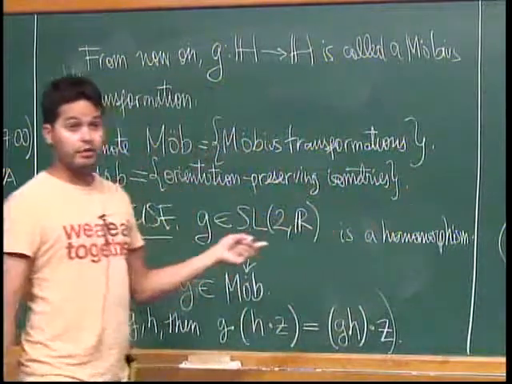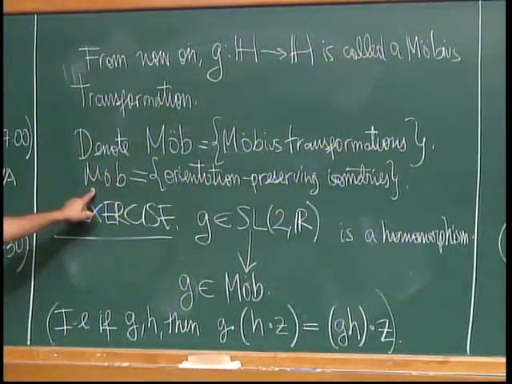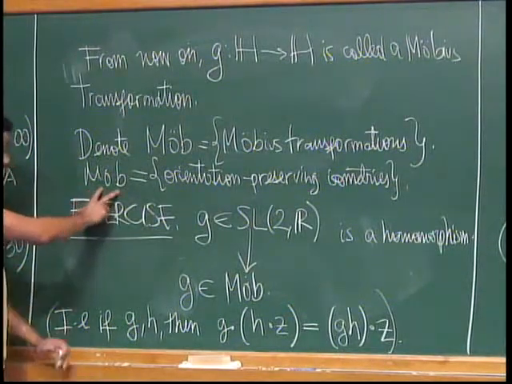By the lemma, they are isometries. And by this observation, they are all the orientation preserving isometries. There is only one isometry which is not orientation preserving, and that cannot be a Möbius transformation.